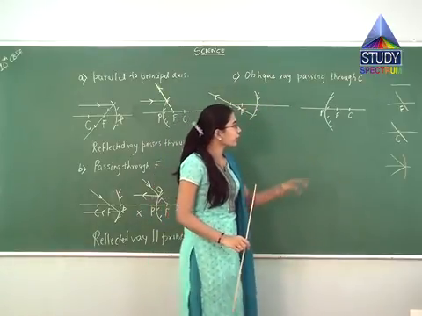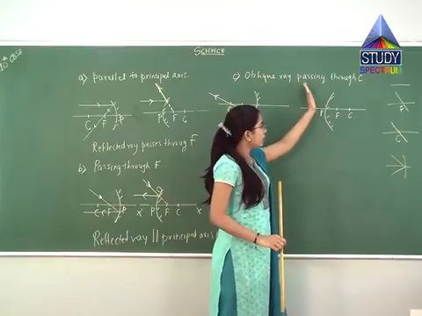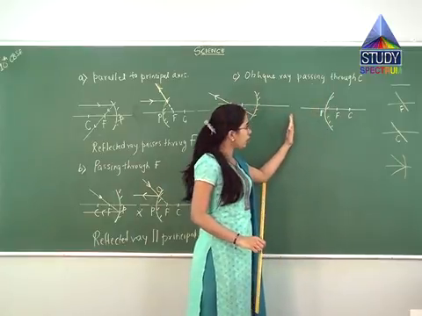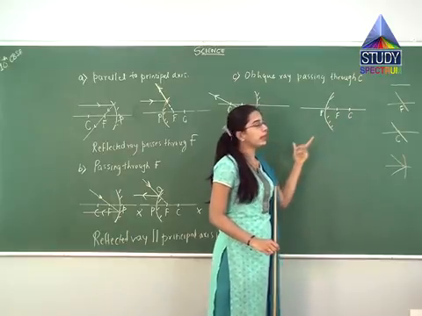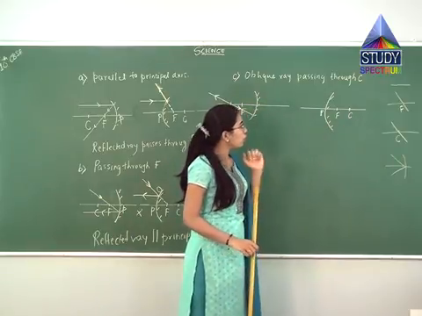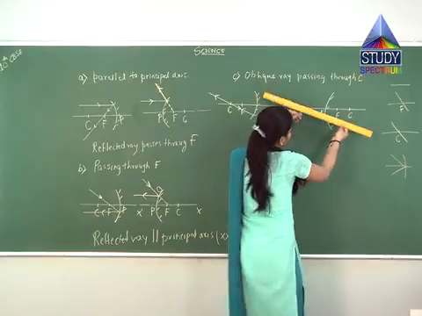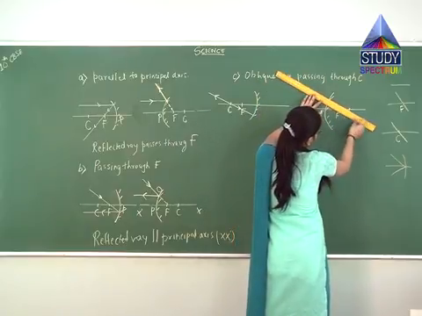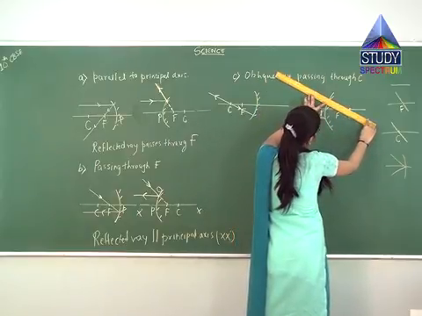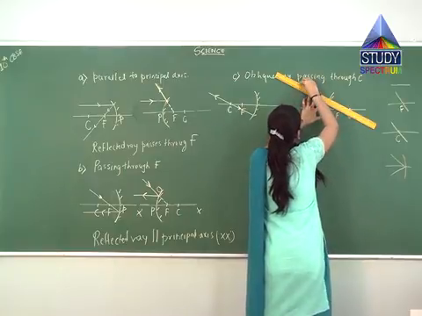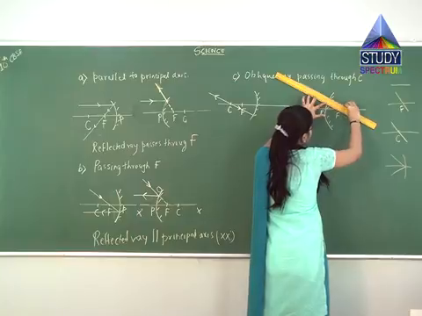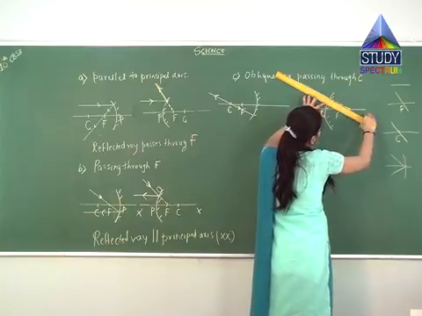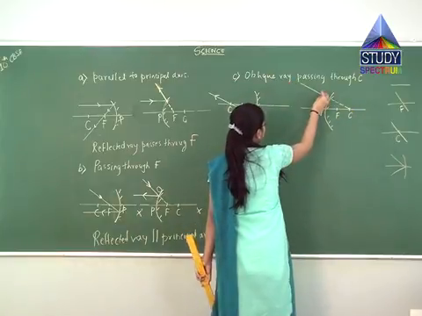Again the same thing, means the incident ray lies on one side and the center of curvature lies on the different side. Means both are lying on either side. So what you will do, you will take an incident ray, like if it is passing through the center of curvature like this.